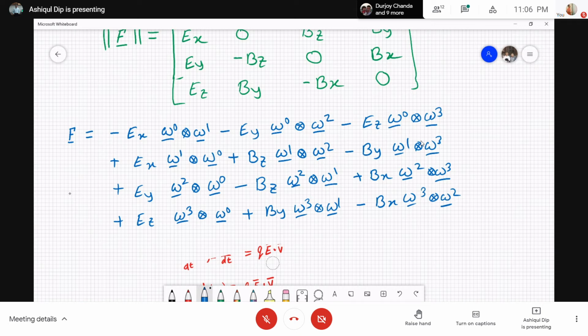So what happens if we factor out the components of the electric field and magnetic field, say Ex? Then we are left with omega 1 times omega 0 minus omega 0 times omega 1, right? Yes.